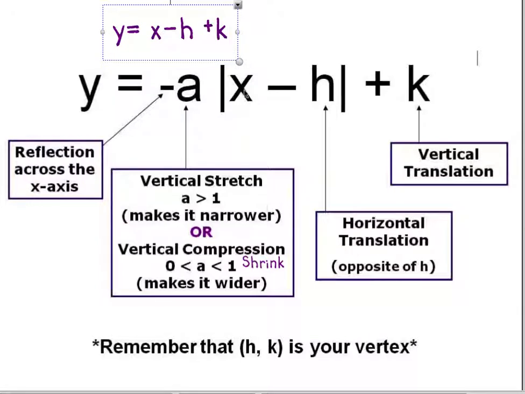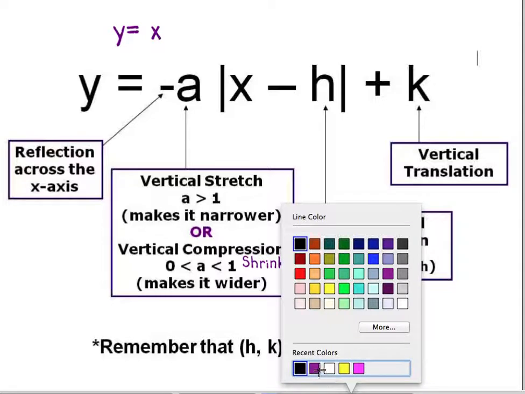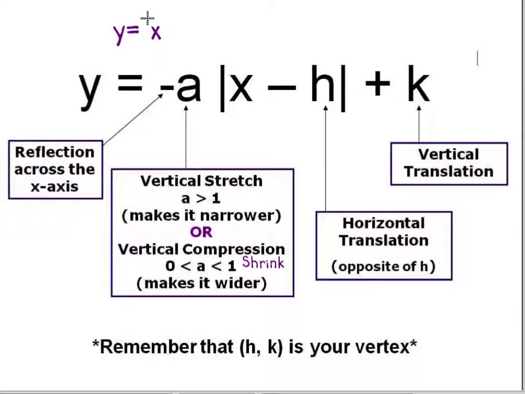I'm typing up the general form. So this is the parent function, just this one here, y equals the absolute value of x, and then of course there are all of the same transformations that we've used in every other function that we've talked about.